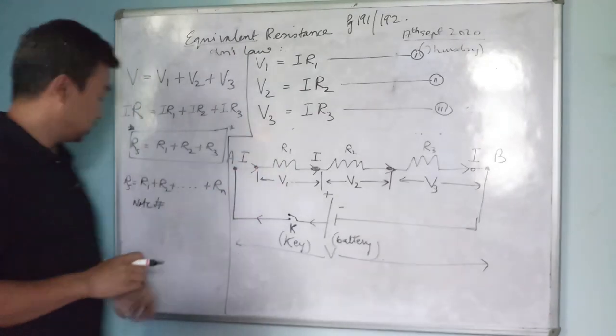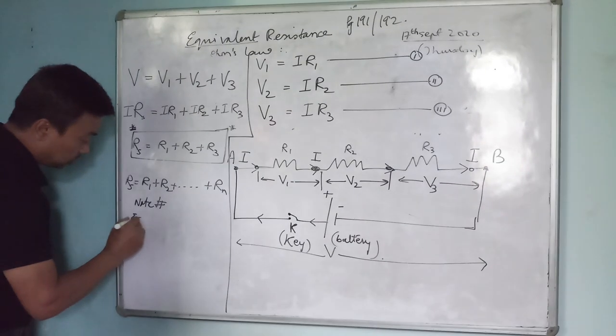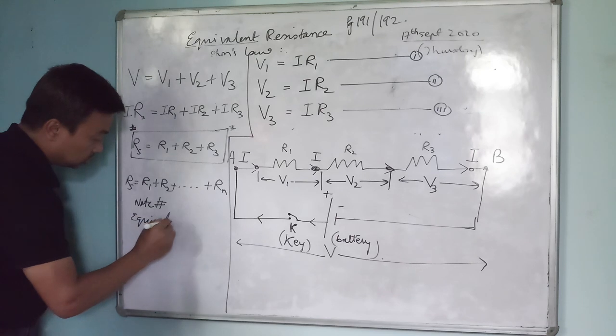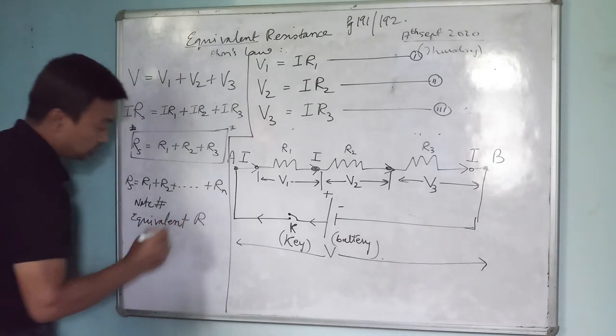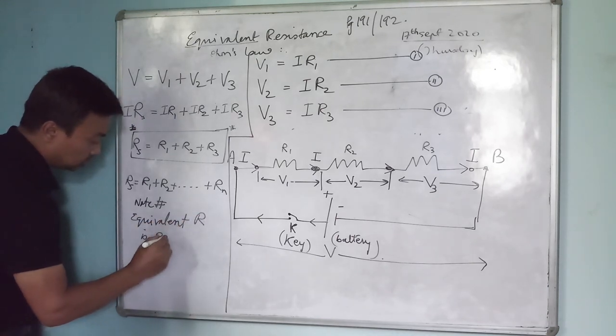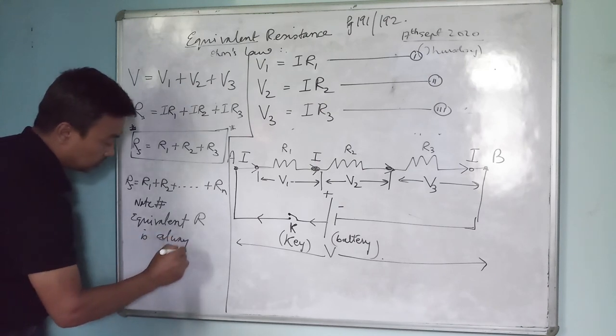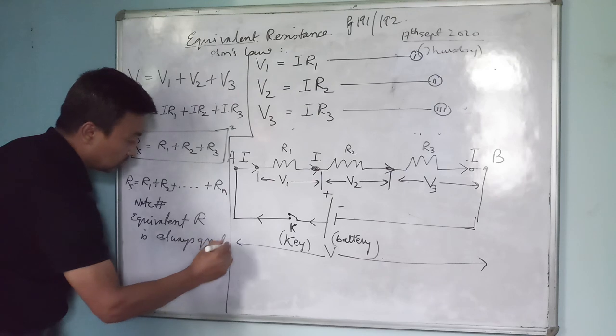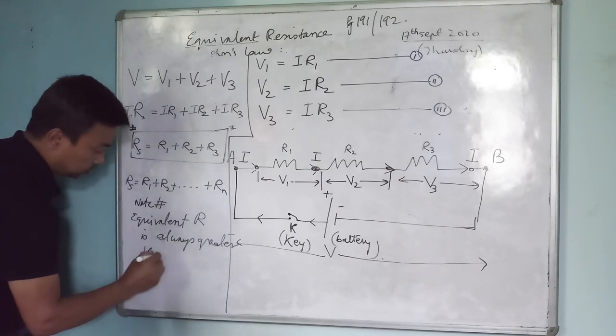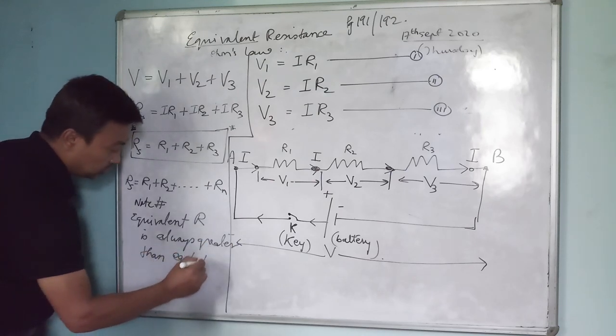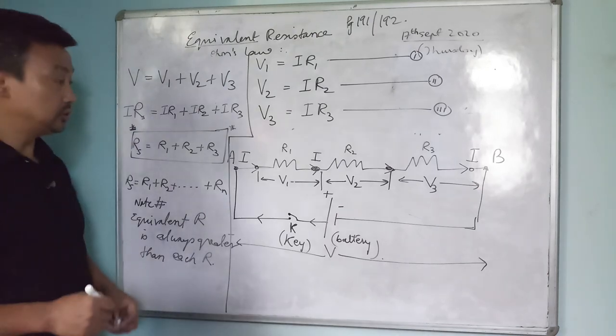The total resistance, or we can write down equivalent resistance, is always greater than each resistor in the series circuit.